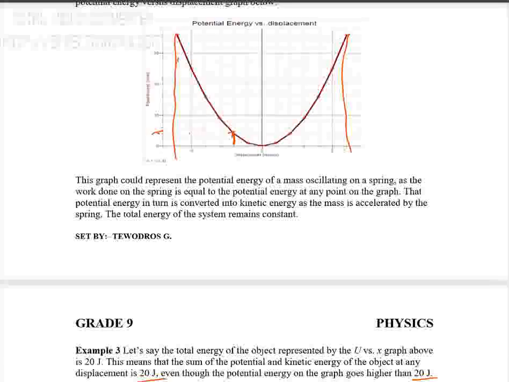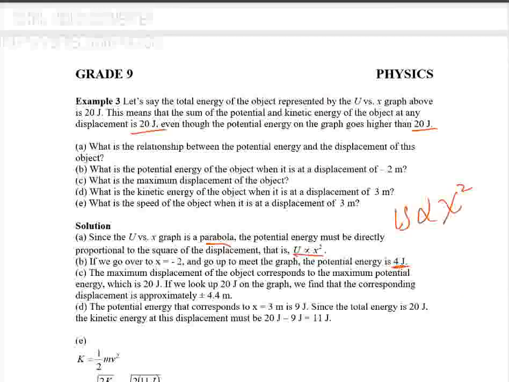Therefore, 2 times 2 is how much? 4. No, this one is not force. Therefore, the potential at this point, this one is 2, 4, 6, 8, 10. Therefore, at 2, it is how much? At this point, it's 4 joule.